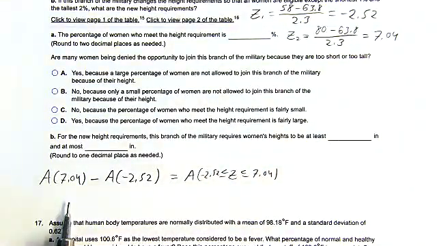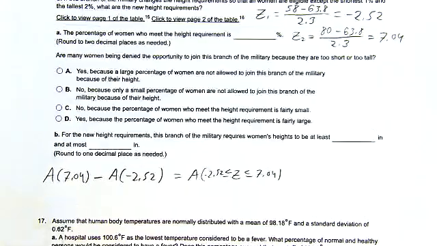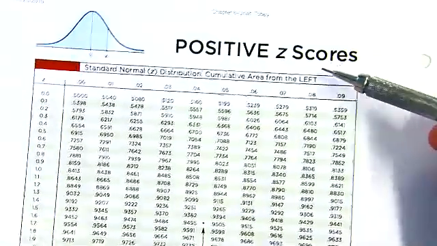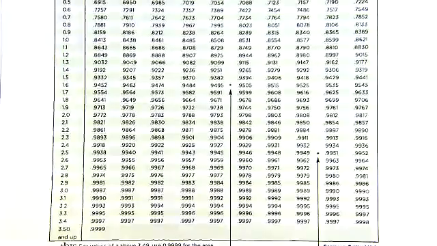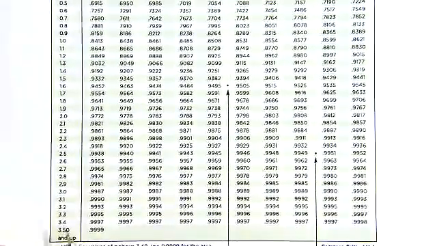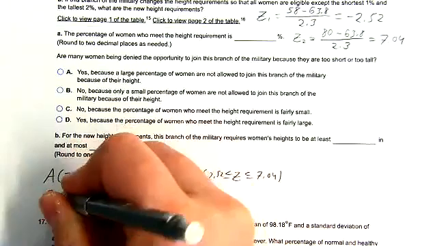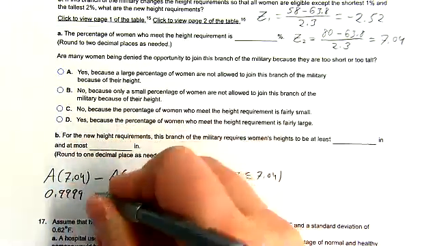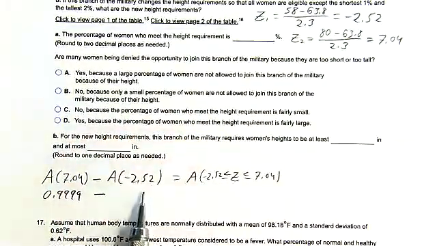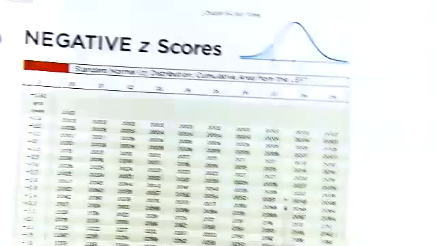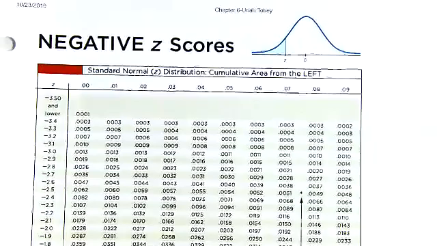Now 7.04 is a huge z-score. In fact, we saw this before. For positive z-scores, your biggest number that we have in the table is 3.5. Anything above 3.5, we assign an area of 0.9999, 4 nines. So we're going to say this is 0.9999 minus the area for negative 2.52, which would be right here in the negative z-scores.